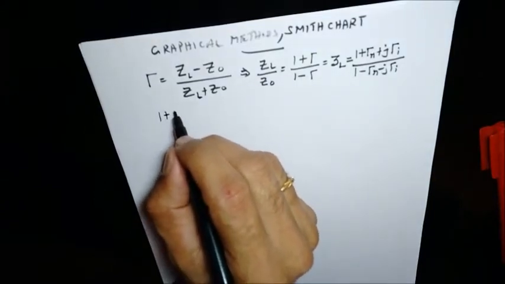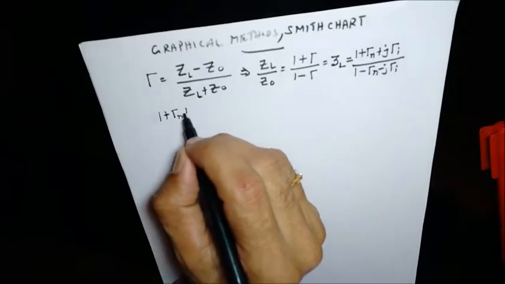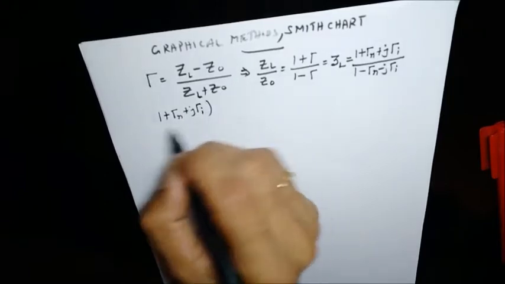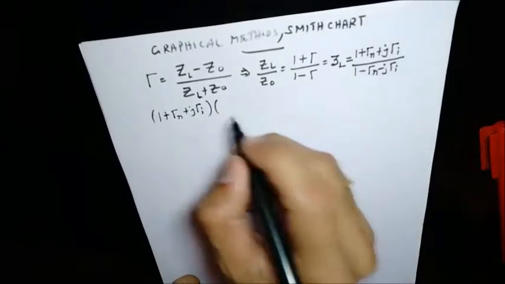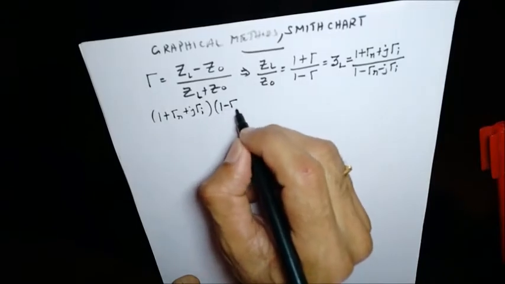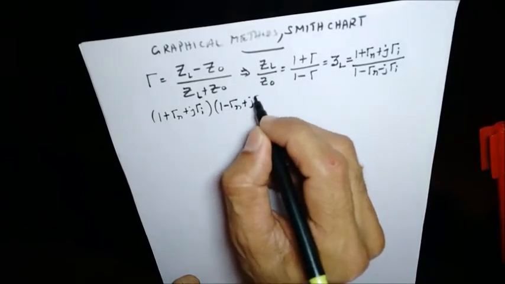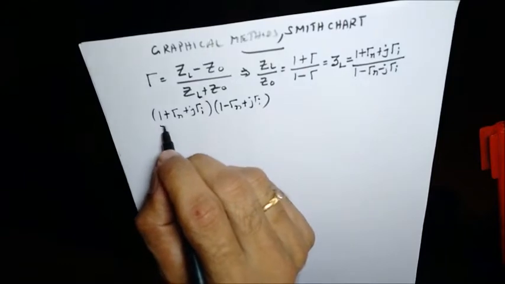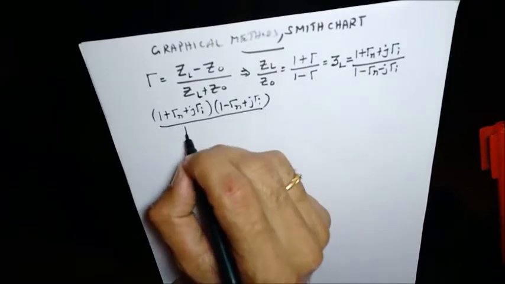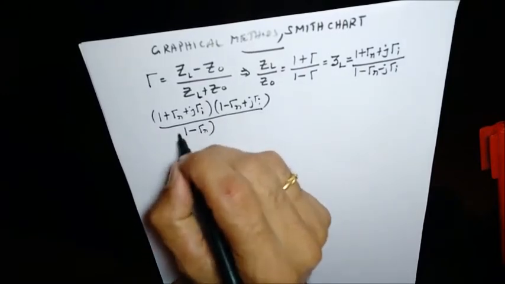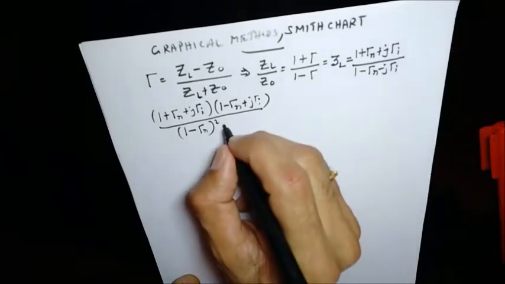So 1 plus capital gamma R plus j gamma I, multiply this by the conjugate of this, 1 minus gamma R plus j gamma I, divided by 1 minus gamma R square. So you know what happens when you multiply with the conjugate.